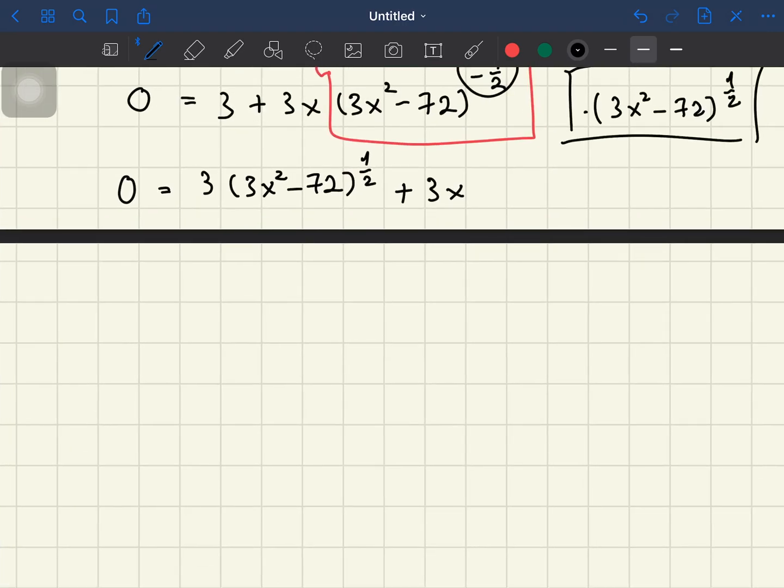So now we can try to solve them the normal way.